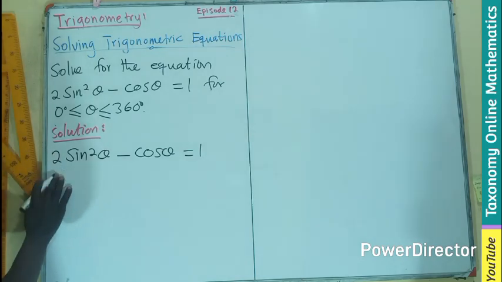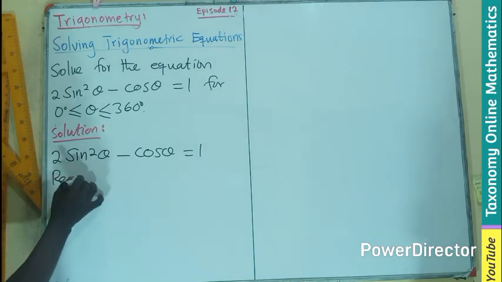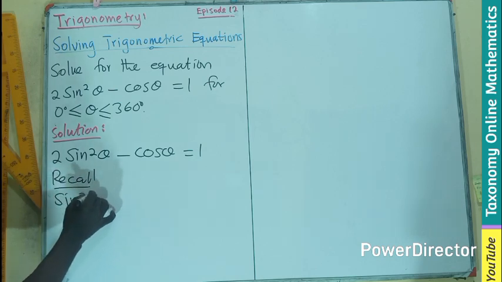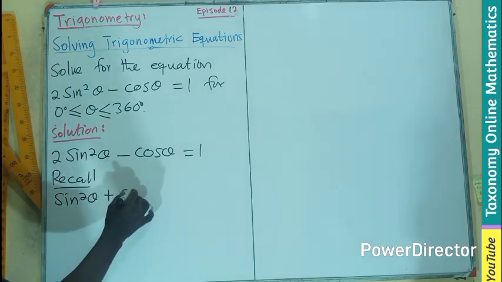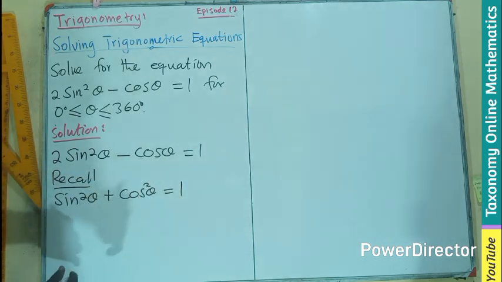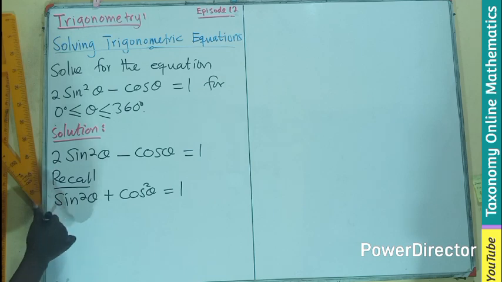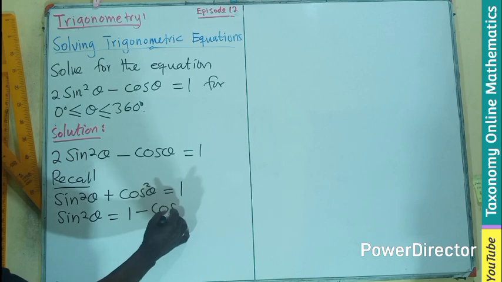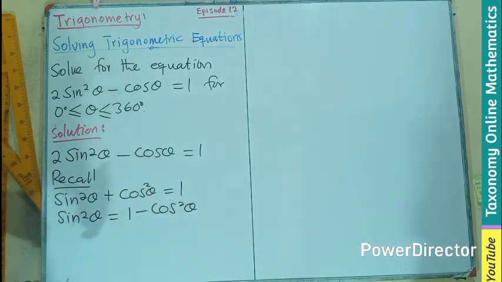Remember, sine square theta plus cos square theta equals 1. Meaning, I can find this in terms of this. So sine square theta equals 1 minus cos square theta.